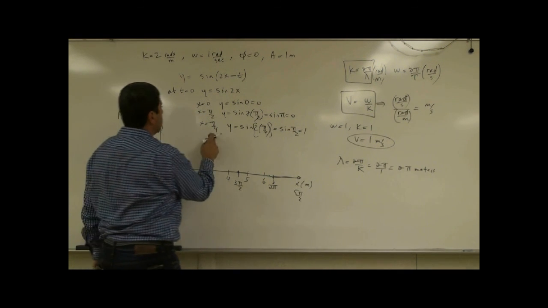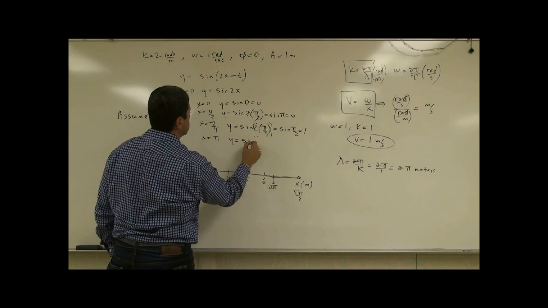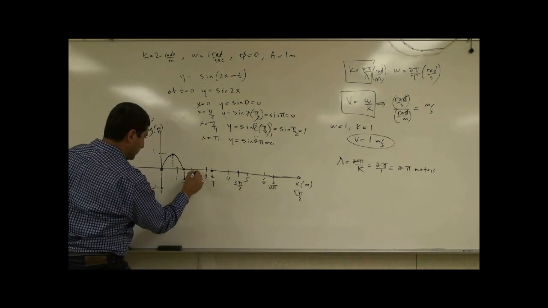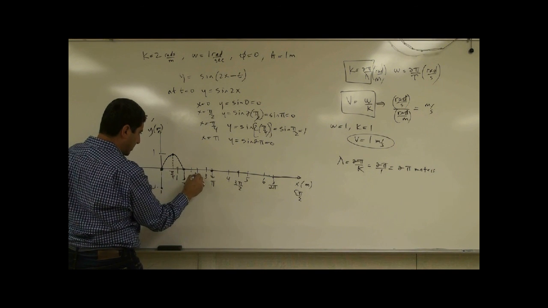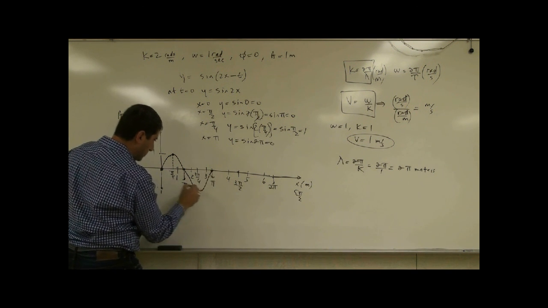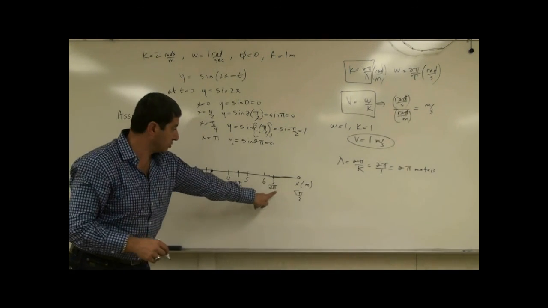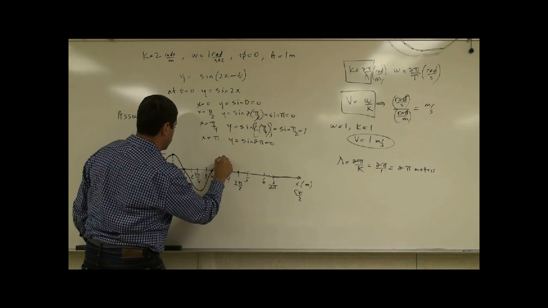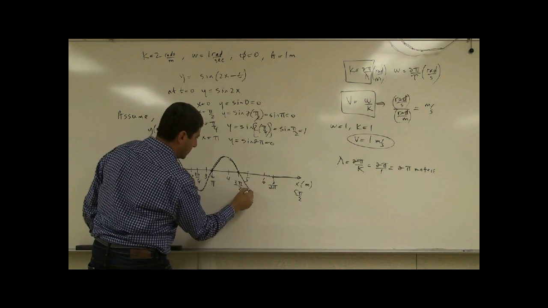When x is equal to pi, y is sine of 2 pi, which is 0. And when it's 3 pi over 4, the wave goes down, and then goes back up. Now you can actually fit 2 complete waves in a 2 pi meter distance, right? So you can go like that, one more, goes up, goes back down, then goes down, and then goes back up.